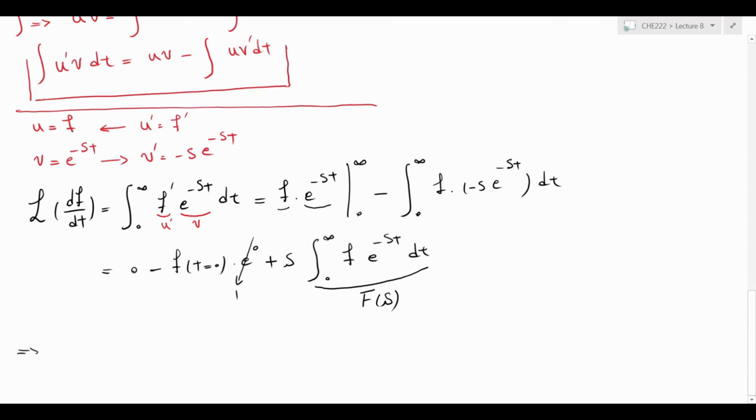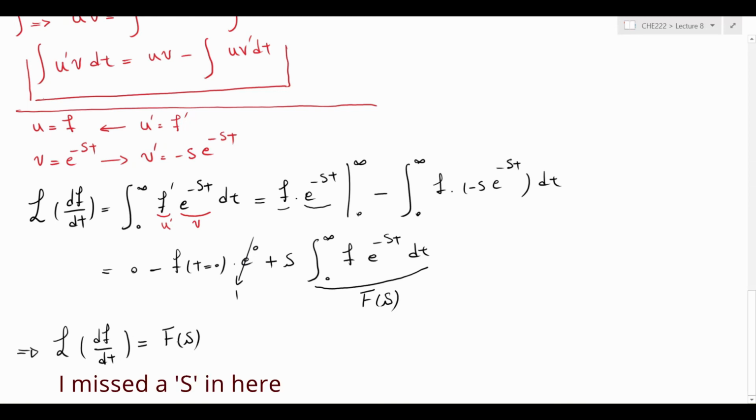So in conclusion, the Laplace transform of df dt, or f prime, is equal to s times F(s), or capital F(s), which is the Laplace transform of function f(t), minus the original function f at time equals 0.